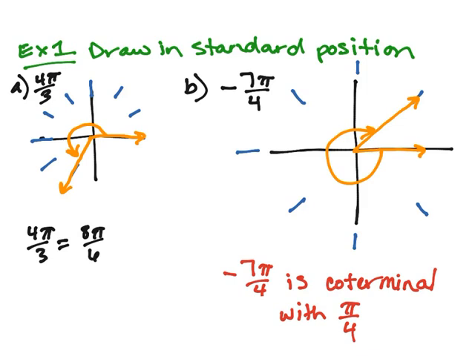Okay, in your homework, you're going to be asked to find coterminal angles, and generally they're going to ask you to find them between 0 and 360 or between 0 and 2 pi. So for this one, if I was going to do that without drawing it to figure out where it is, I would go, well, if I need it between 0 and 2 pi, I can't have negative, right?